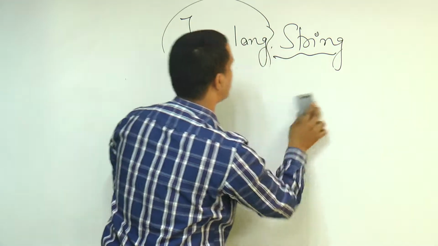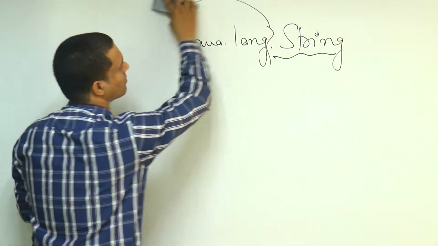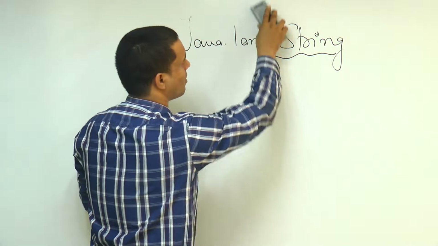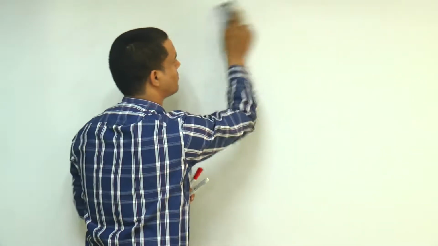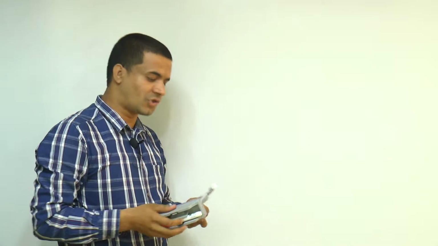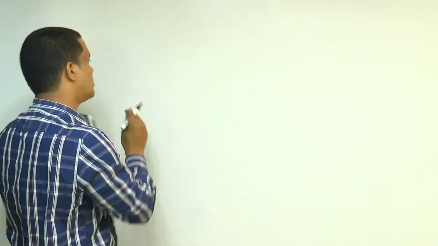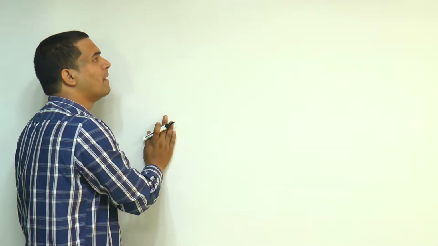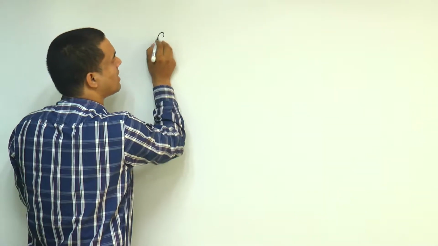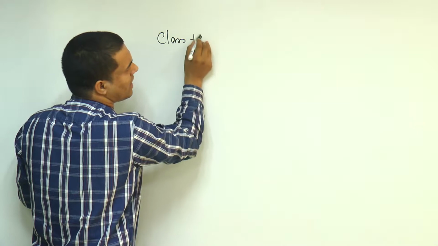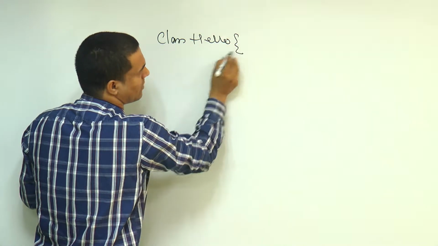So first, there are some special things about the string class. What are those special things? Let's say I am writing a class, suppose a class Hello.